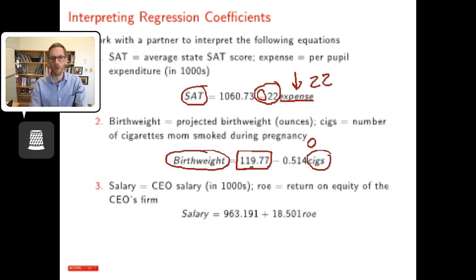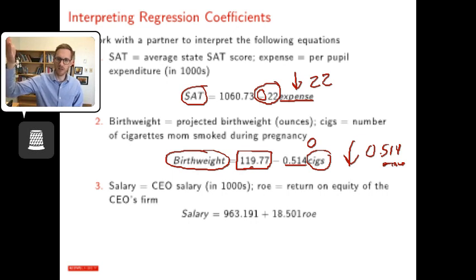But for every additional cigarette that my mom smokes per day during pregnancy, that baby's birth weight is projected to go down by 0.514 ounces. So for every cigarette that's smoked, birth weight's predicted to go down by 0.514 ounces.